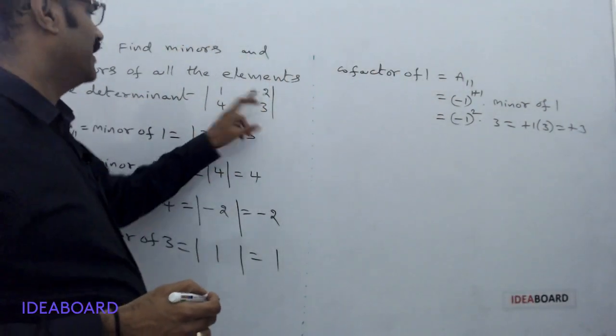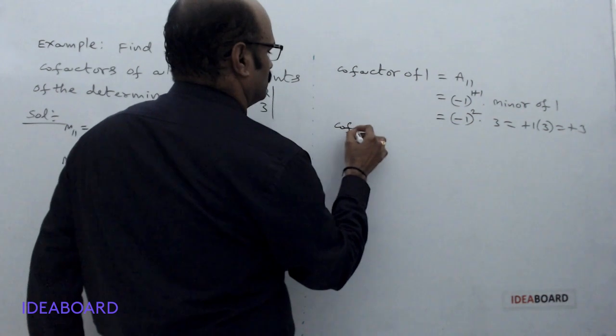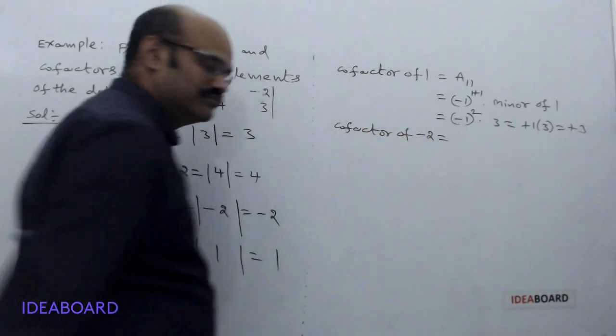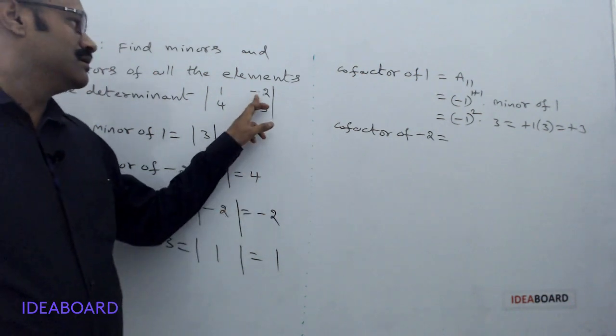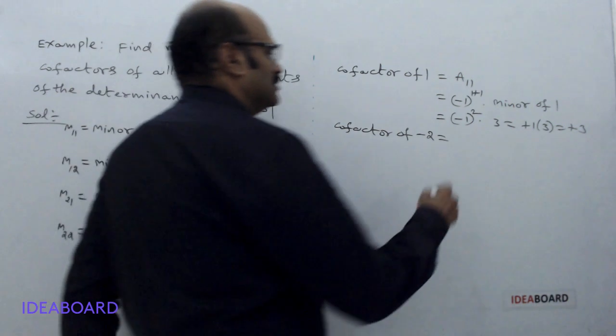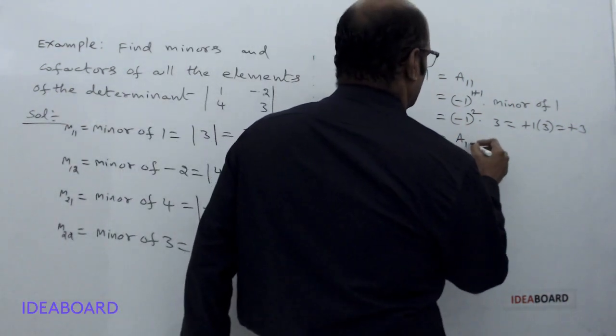Now cofactor of minus 2 equal to, this is called A12. So here cofactor of minus 2 equal to A12.